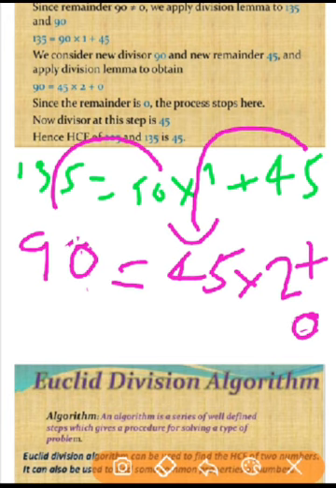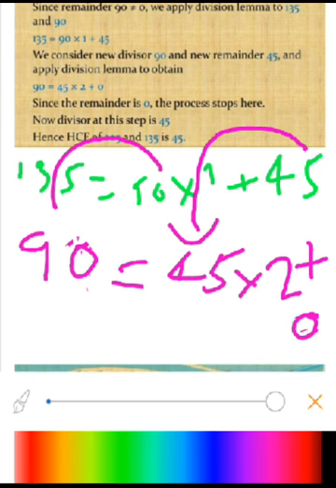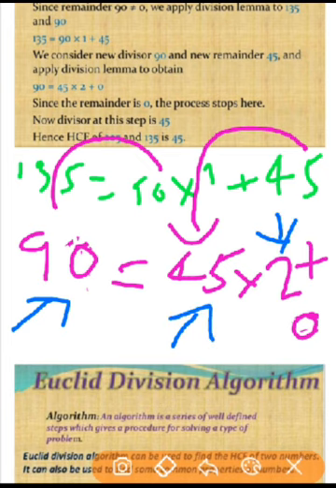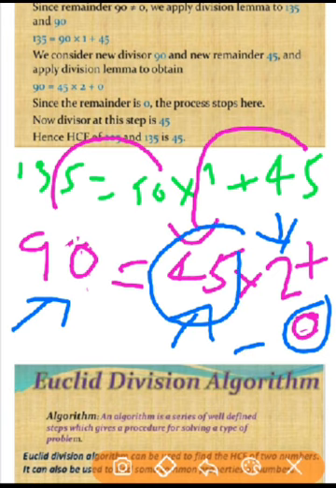Now you can see in this step our dividend is 90, our divisor is 45, our quotient is 2 and our remainder is 0. When you get the remainder 0, it means your sum is finished and you are able to write the HCF of the numbers. Now what will be the HCF? The HCF will be the divisor of the step where the remainder is 0.